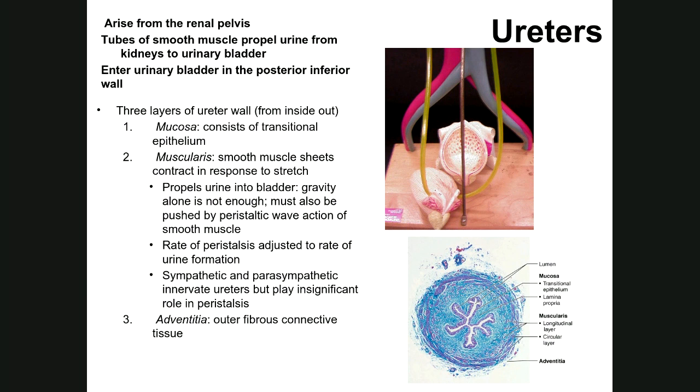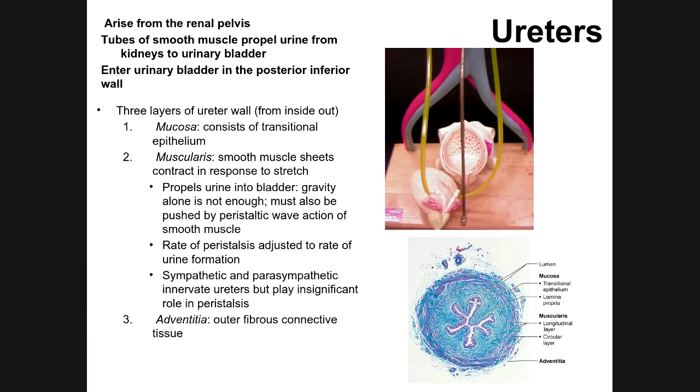The muscularis is mostly smooth muscle that contracts in response to stretch. And the mucosa is typical transitional epithelium. The smooth muscles, when they contract, propel the urine into the bladder. Gravity alone is not enough, not even needed.